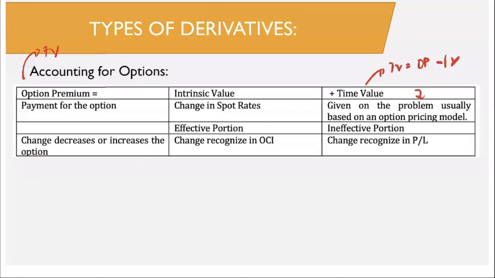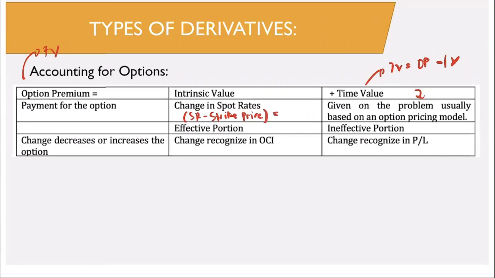So your option premium is known as your payment for the option or the fair value of the option. The intrinsic value is the change in spot rates. So what we look at here is the spot rates versus the strike price.